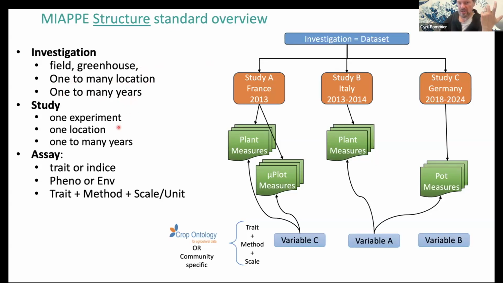Each location, each year is a study or experiment, in which we are holding several plant measures, data sets or files at different levels, either plant or microplot, and on which we can hold trait indices, phenotype, environment, whatever type of data makes sense, using a triplet trait, method, scale borrowed from the Crop Ontology to correctly describe the variables.